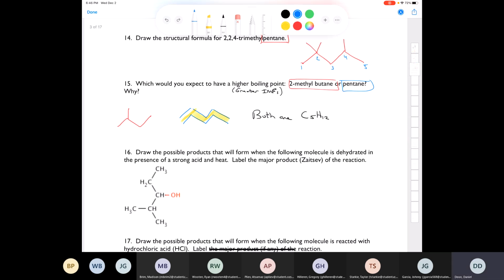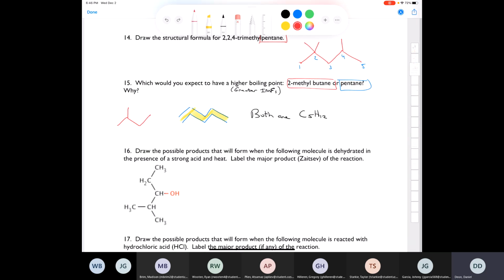Right? It gets harder to tear them apart and get them to boil. Whereas if you have another molecule of 2-methylbutane, it's not going to pack efficiently at all, in fact. And so it's going to have a much lower boiling point. It's going to be a lot easier to separate those molecules. Does that make some sense?